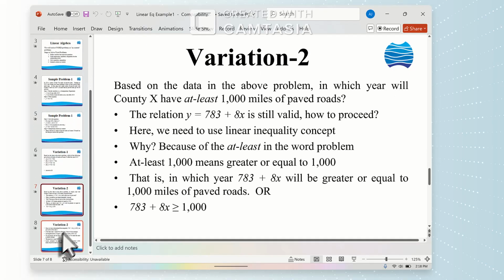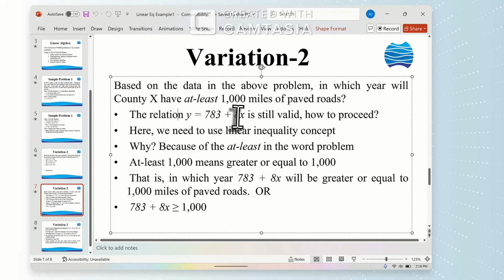There could be another variation of the same problem. Based on the data in the above problem, in which year will County X have at least 1000 miles of paved roads? Now, "at least" here is very important. The relation which we just derived is still valid.